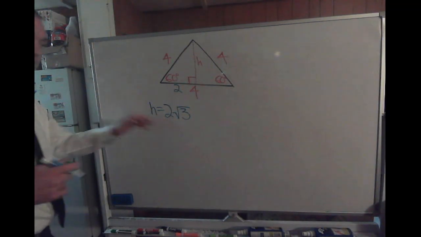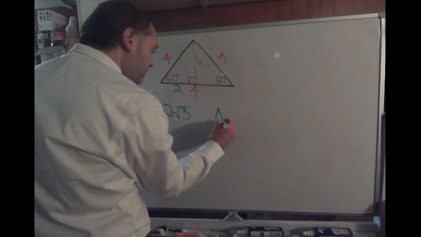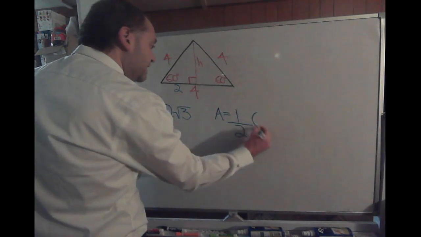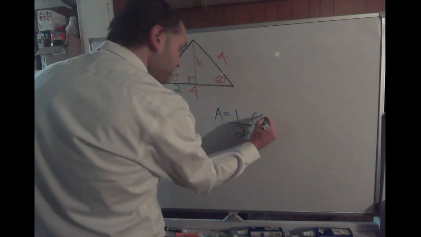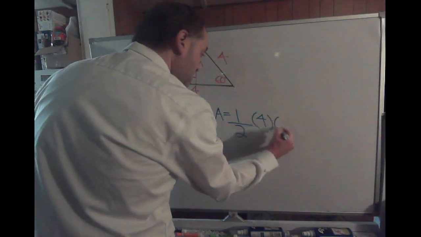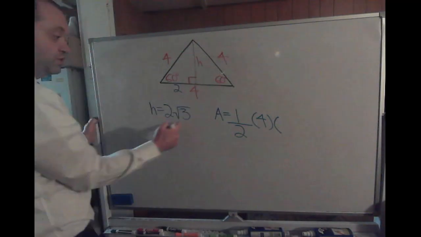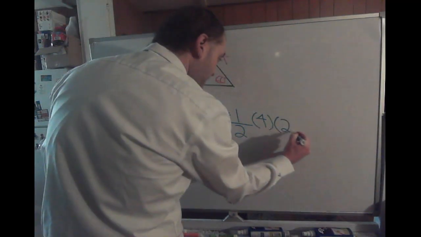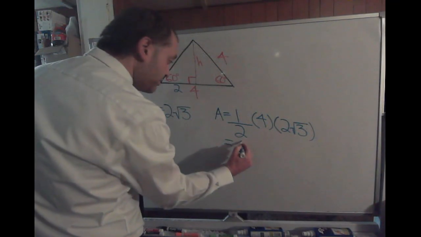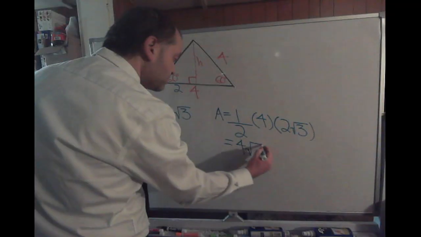Since we know the height now, we can find the area. The area is equal to 1/2 of the length of the base, which is 4, times your height, which is equal to 2 times the square root of 3. Which simplifies to 4 times the square root of 3.